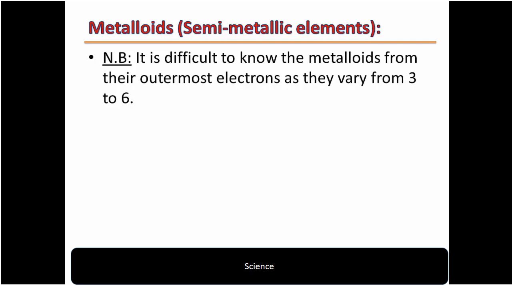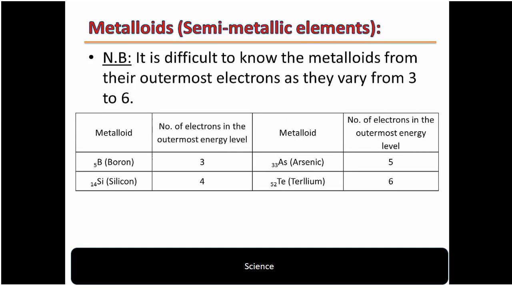This is a give reason question. Give reason: it is difficult to know the metalloids from their outermost electrons because they vary from 3 to 6. The number of electrons varies from 3 to 6 electrons. So we have to memorize them.